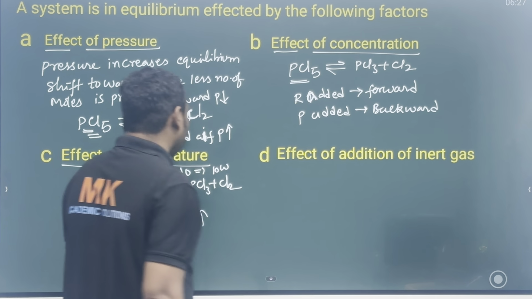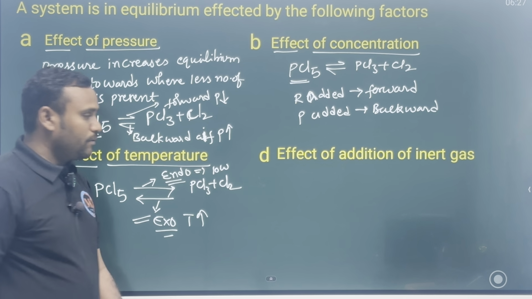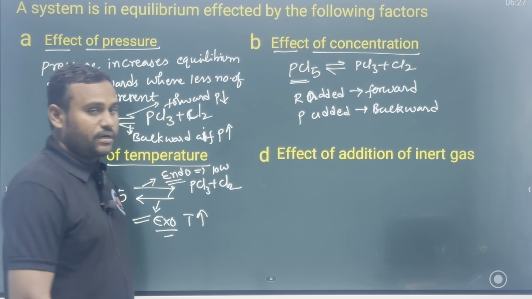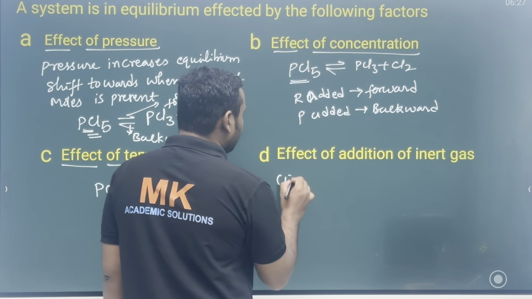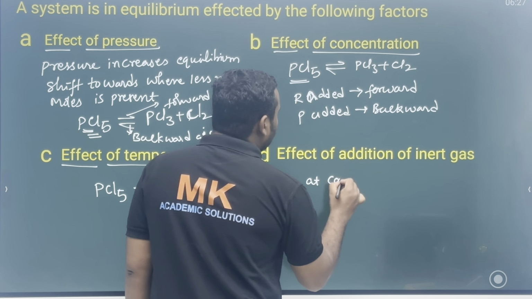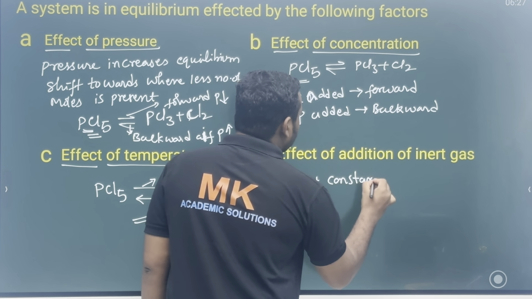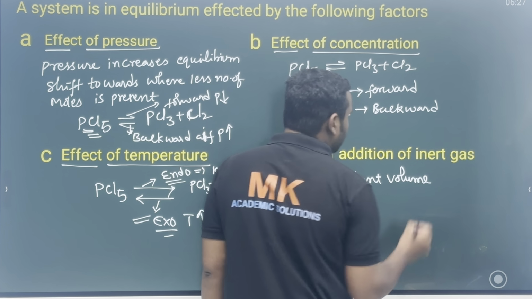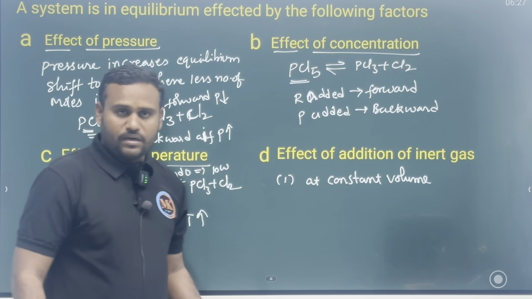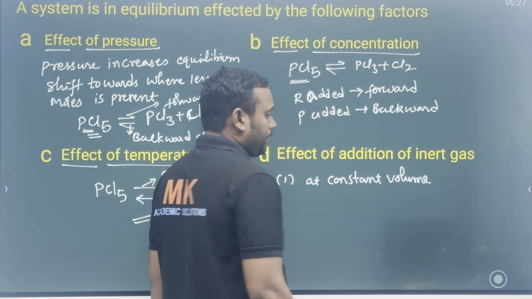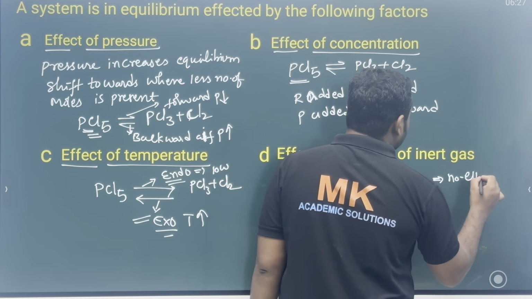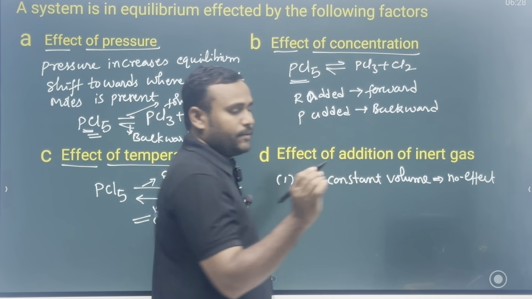Again, we go to the different types of effects. Now, the effect of addition of inert gas. Here we take two conditions. At a constant volume, there is no effect of addition of inert gas. Simply remember, at a constant volume there is no effect for any type of reaction.